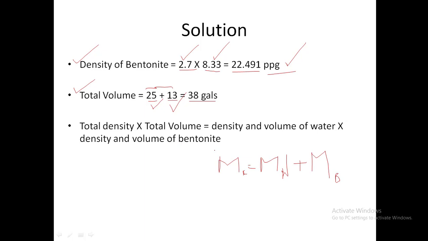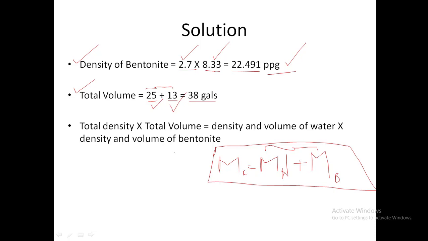Now for the final fluid, we know the equation that the mass of the final fluid is equal to the sum of the masses of the fluids used to prepare it. The formula for mass is density into volume.